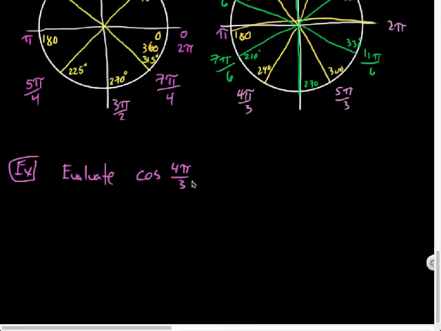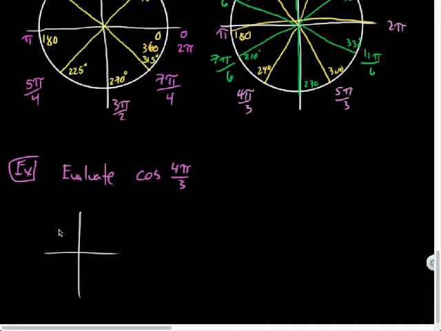Well, we could go through the work of converting that to degrees and go from there, but let's actually try to do this radians the whole way, if this even makes any sense to us. So let's see, 4 pi over 3. First question I think of is this bigger or smaller than a pi? Bigger, because 3 pi over 3 is 1 pi. 4 pi over 3 is more than that, right?